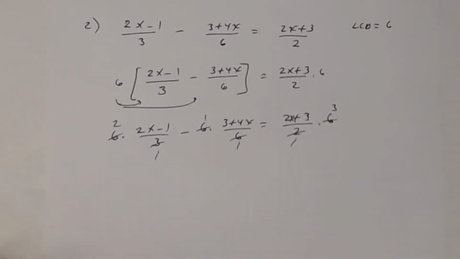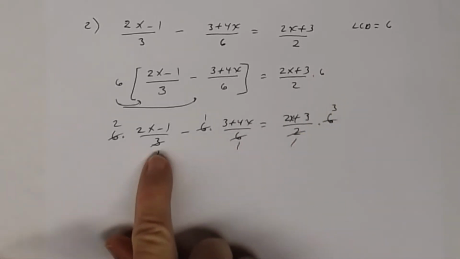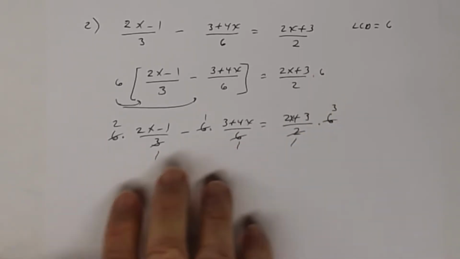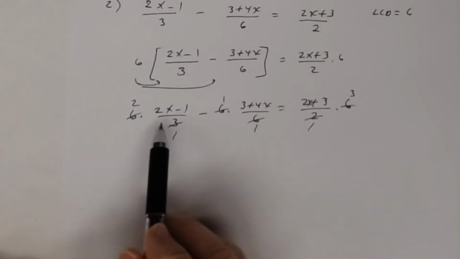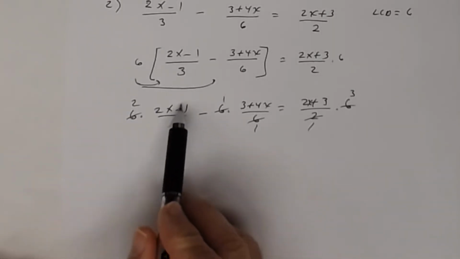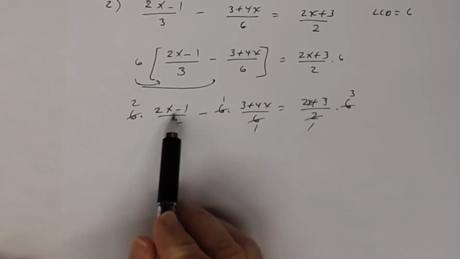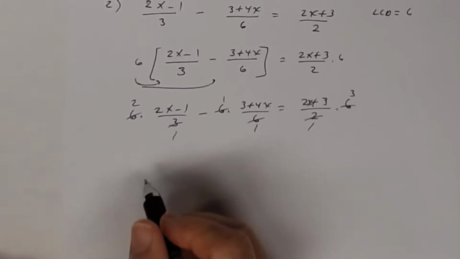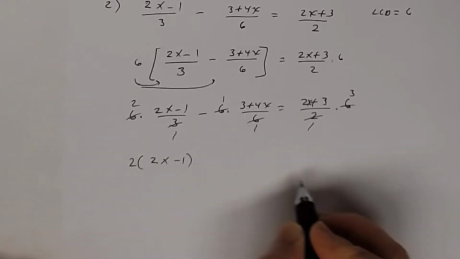Okay, so notice again, the whole point of multiplying both sides by the least common denominator is to get 1s in those denominators so you no longer have fractions to deal with. All right, so I have 2 times (2x minus 1). Notice that both terms, 2x and minus 1, have to be multiplied by 2, so we need to put that in parentheses: 2 times (2x minus 1).